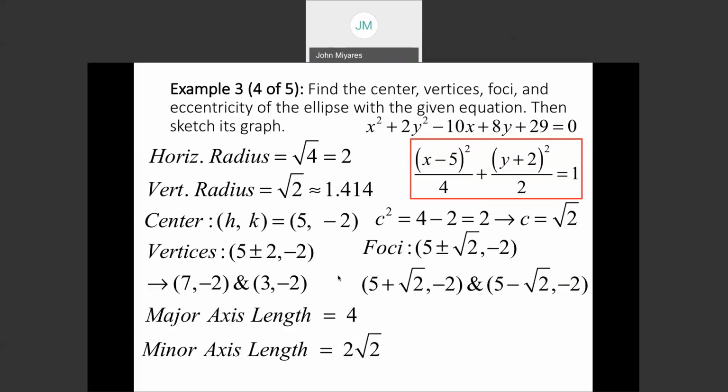So we see them here at (5 plus the square root of 2, -2) and (5 minus the square root of 2, -2). Finally, the eccentricity will be the c value, which is the square root of 2, divided by the length of the semi-major axis, which is 2.